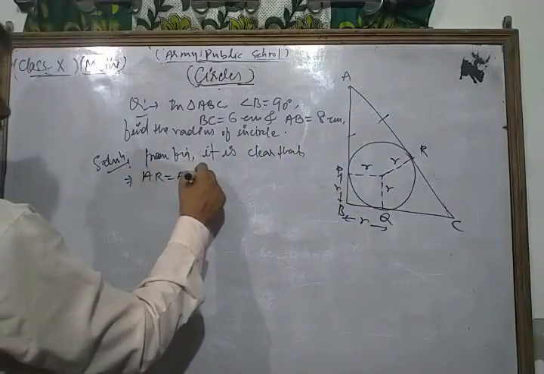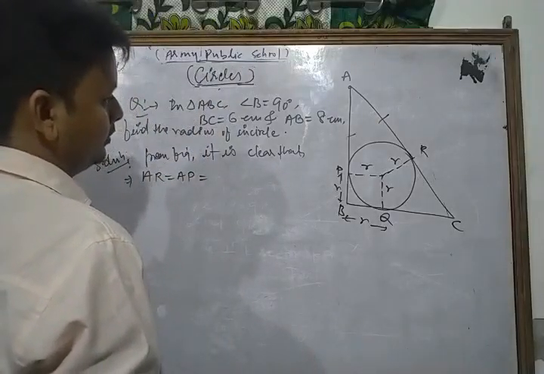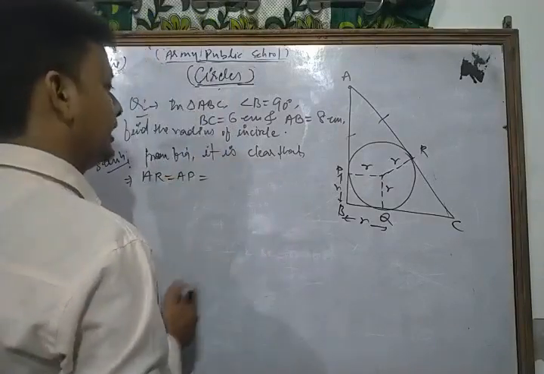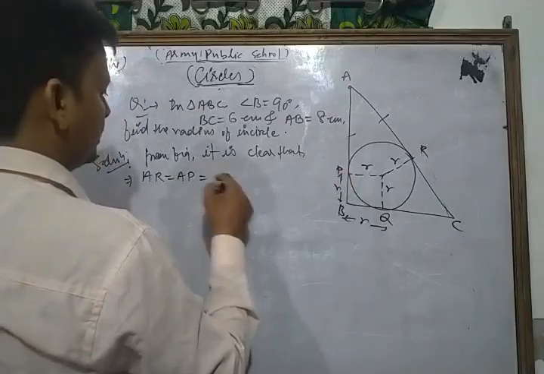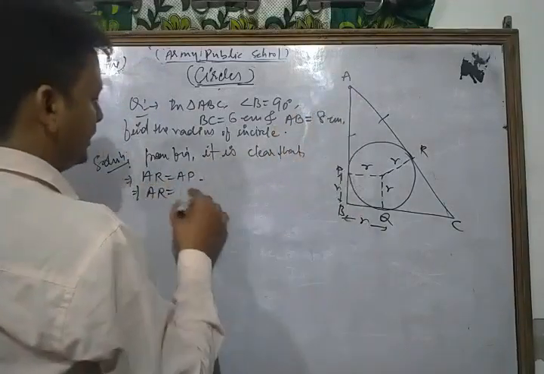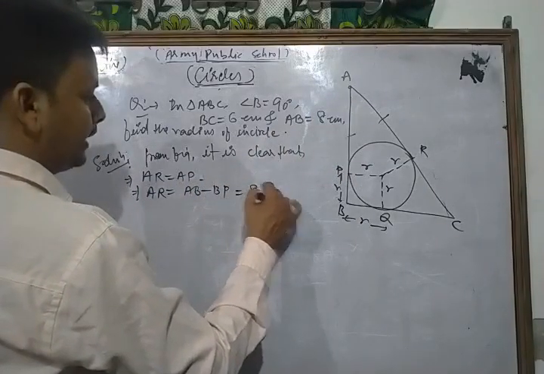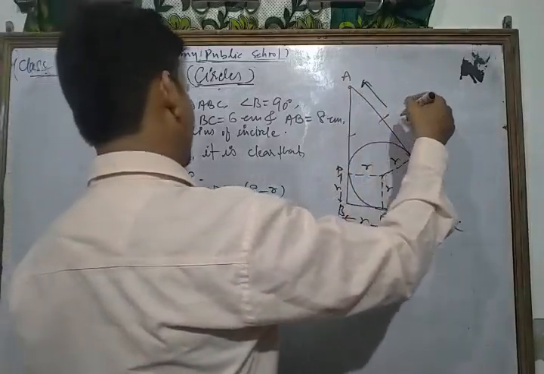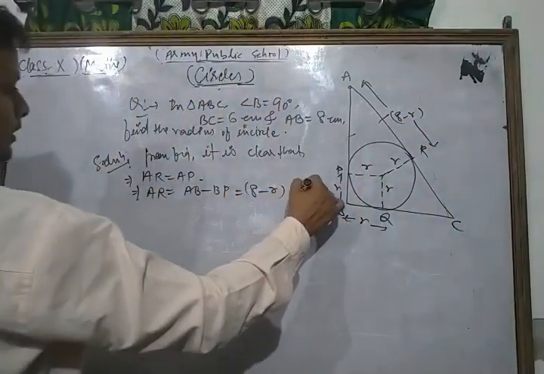And AP we can write as AB minus BP. AB is 8, and BP is R. So in this way we get the value of AR as 8 minus R centimeter.